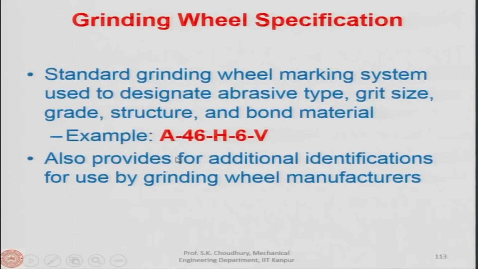For example, we can say this is A46, H6 and V. That means the abrasive material used here is aluminum oxide.